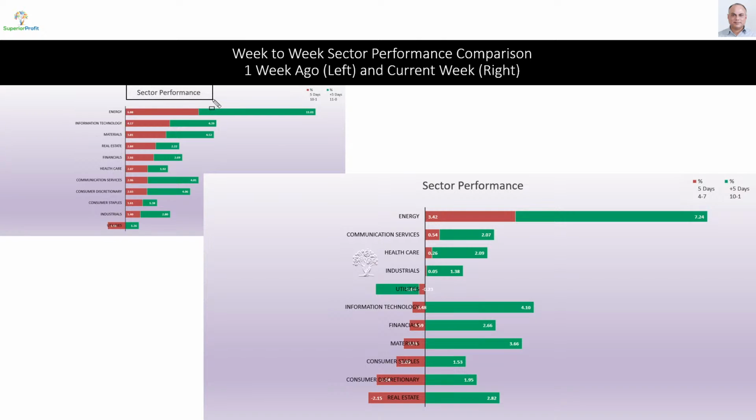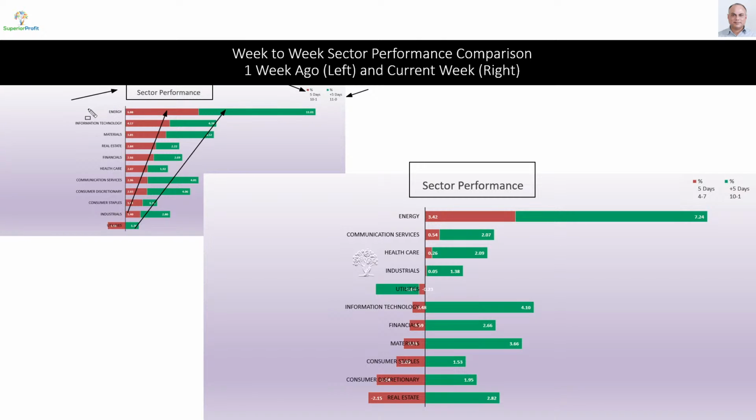The left hand chart is from 1 week ago, right hand chart is for the current week. Both the charts show comparison of sectors of the current week, red bars, and the previous week. So 1 week ago, sectors were very bullish, and 1 week before that, that is 2 weeks ago from now, it was even more bullish.